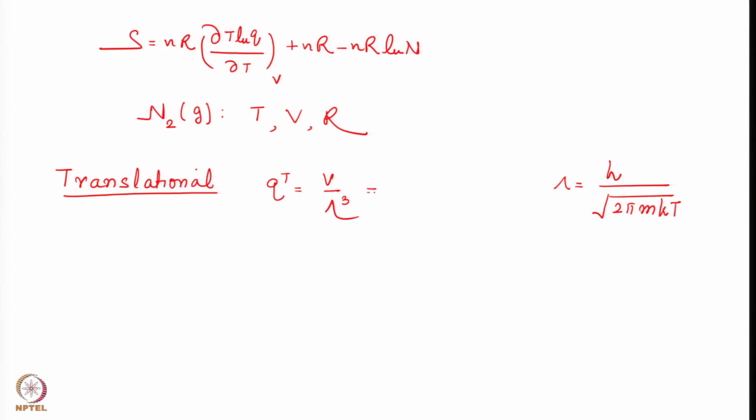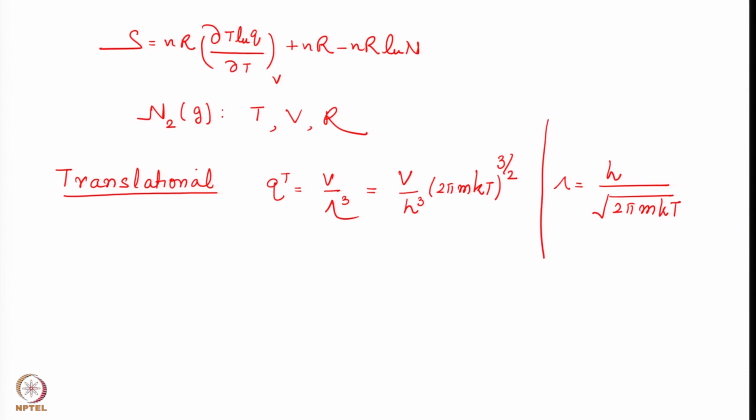So, that means this is equal to V upon h cube, 2 pi m kT raised to the power 3 by 2. This is what I am going to get.